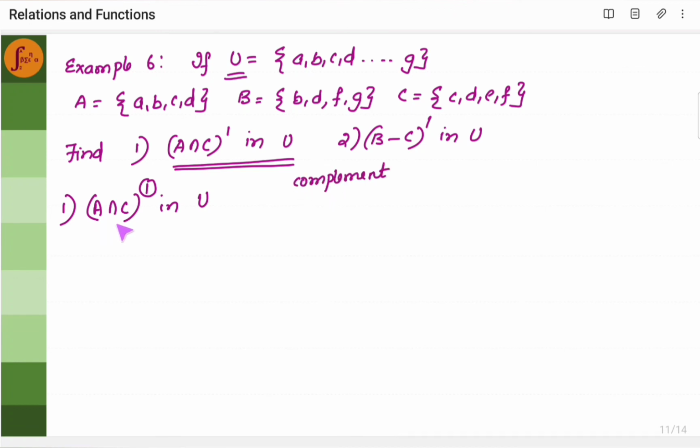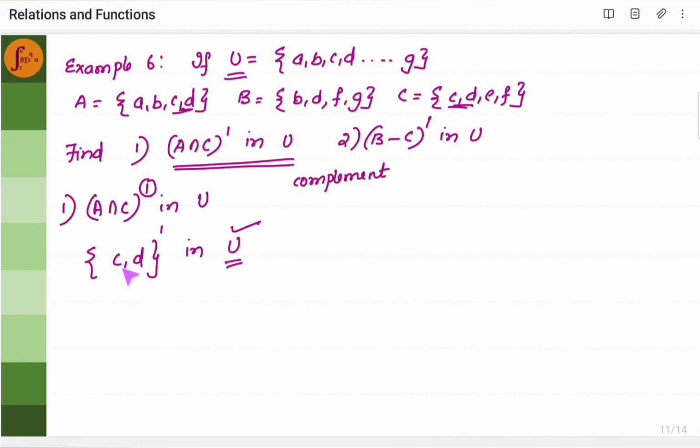Let's first find out what is there in the brackets, A intersection C. What is A intersection C? Common elements between set A and set C. So C, D are common elements, right? So you'll have C, D. Complement of this in U. Now, complement of this with respect to set U means elements in U which are not in this set.